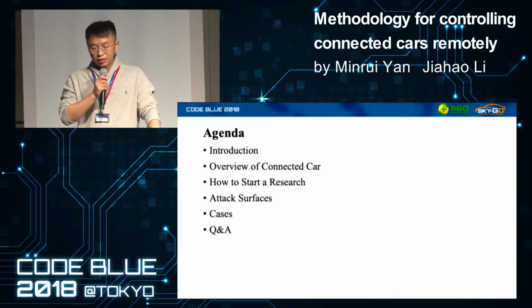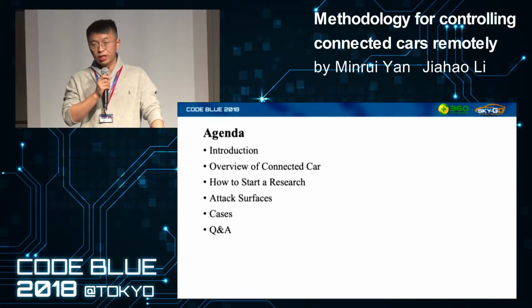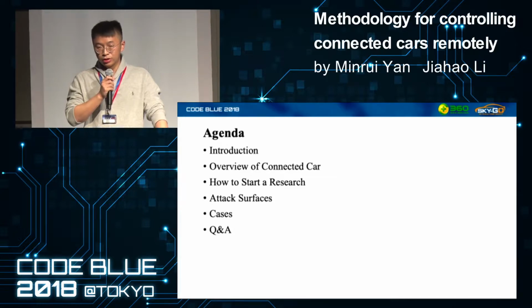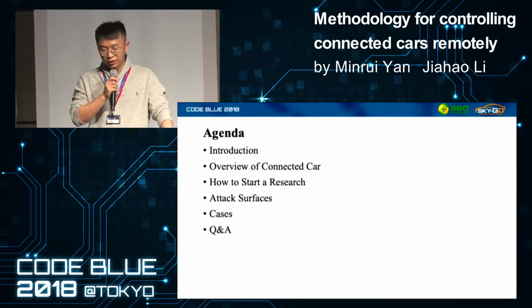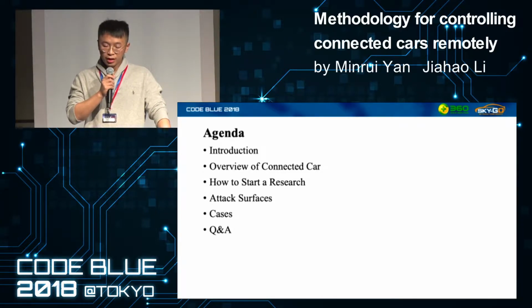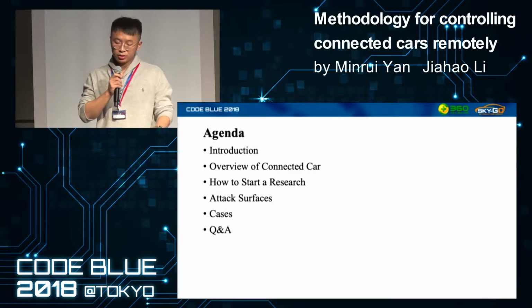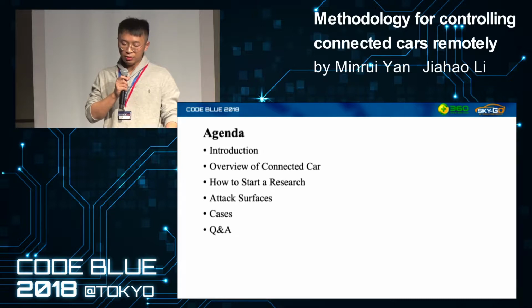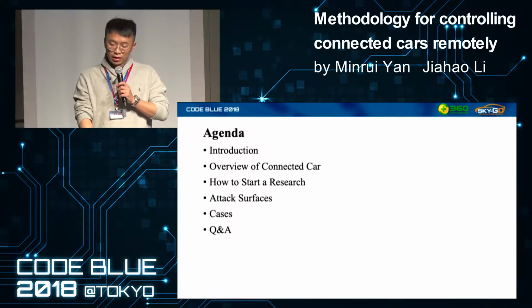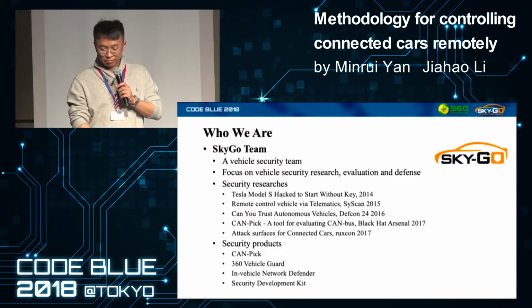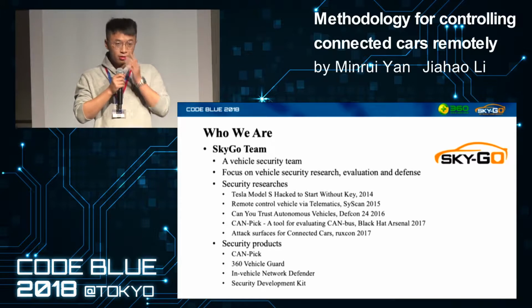At the attack surface section, we will talk about security risks and vulnerabilities of software and hardware in telematics. Finally, we will use some cases to show what we have done, how we can control a vehicle remotely and execute some orders.